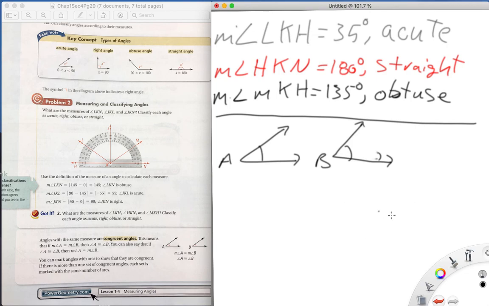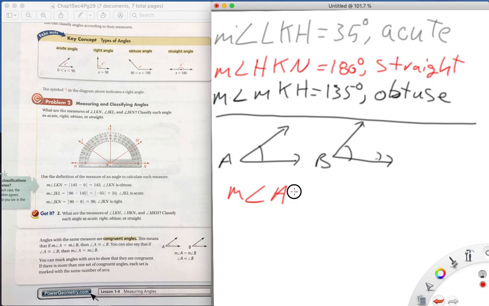When we talk about the numeric value, we would say that it's the measure. So the measure of angle A, we would say, is like 30 degrees.